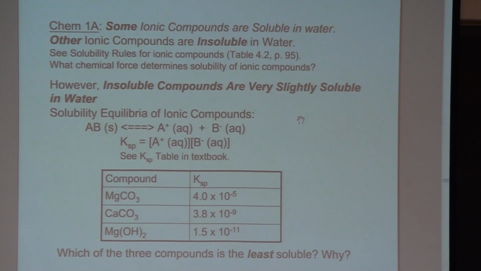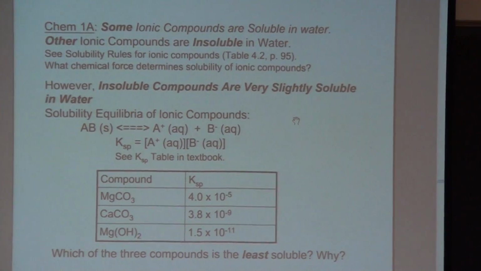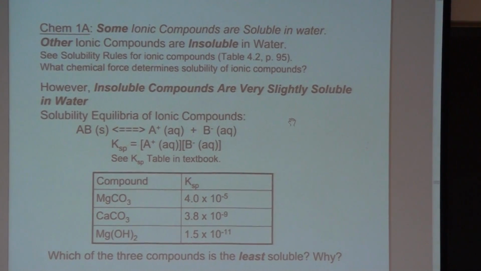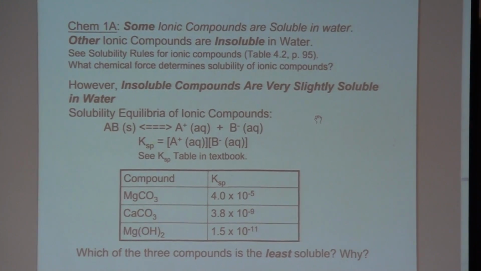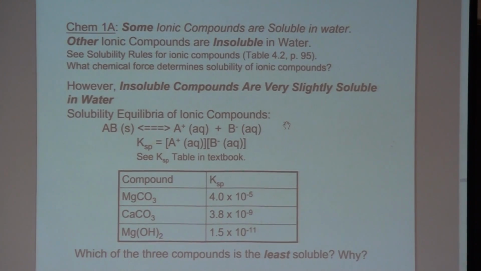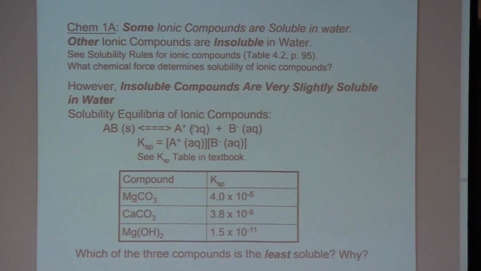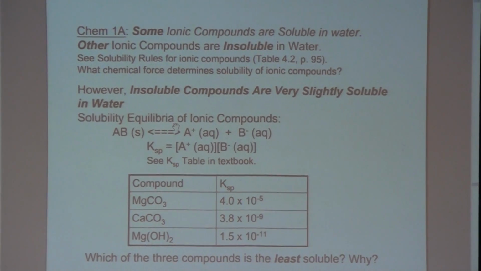Now it turns out that these insoluble compounds in table 4.2 are actually very slightly soluble in water. And we can represent and quantify the solubilities of these insoluble compounds by looking at what's called solubility equilibria.